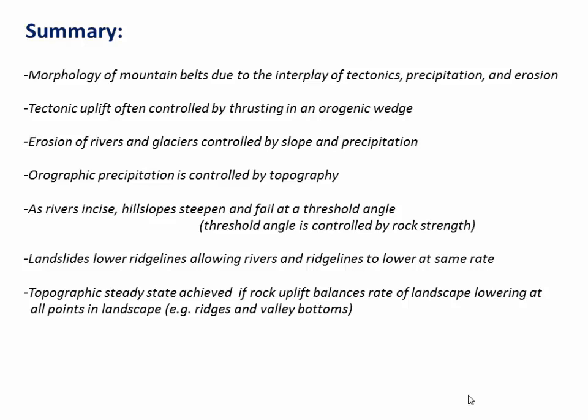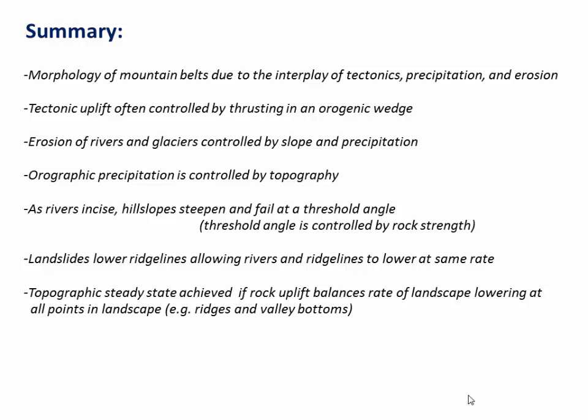Likewise, the erosive potential of rivers and glaciers is controlled by their longitudinal slope and by the amount of precipitation that's fueling them. And precipitation, in turn, can be strongly influenced by topography through the mechanism of orographic precipitation, where it's focused up against the windward side of a mountain range. And so we use those ideas to build towards the idea of topographic steady state.